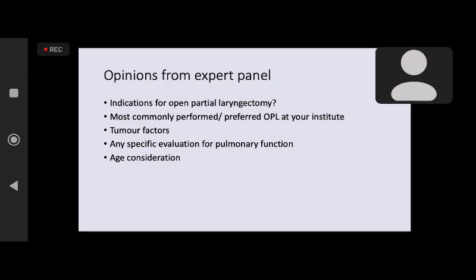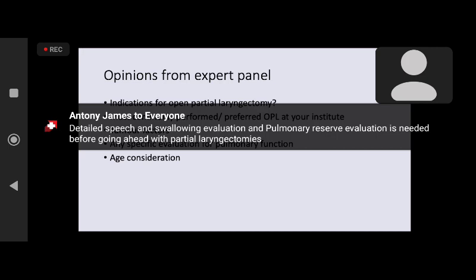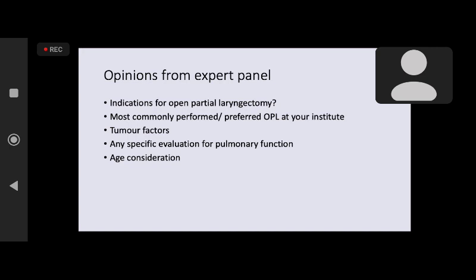So there are 2 points which are coming out. One is that if we cannot expose, then we can go for open partial. But our data in our institute shows that our salvage with a CO2 laser, the result is not that great as an open partial. If you compare the primary with the salvage cases in our institute, we can get only half the result of what we get in the primary cases.